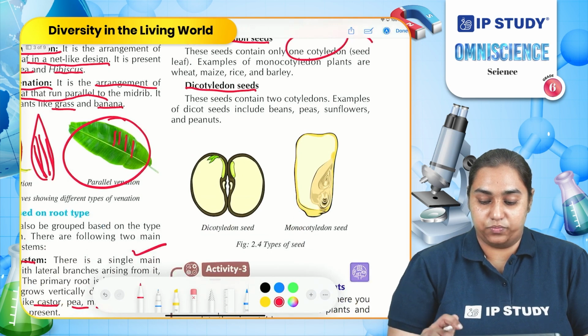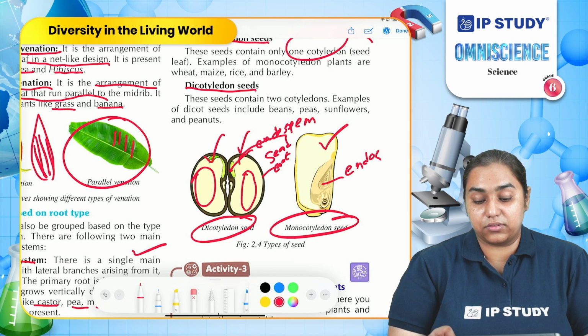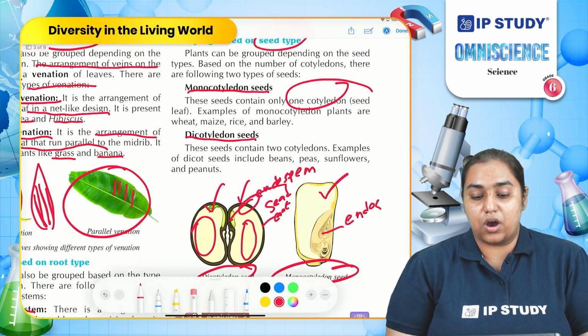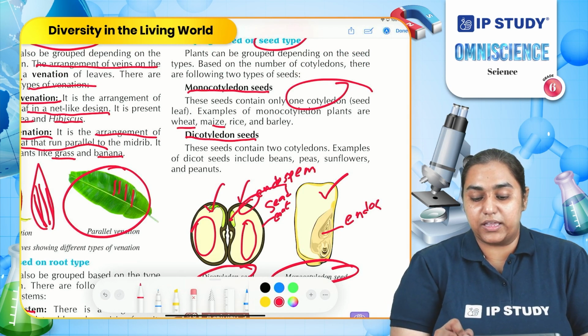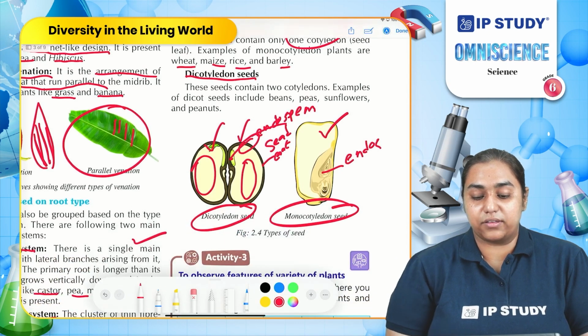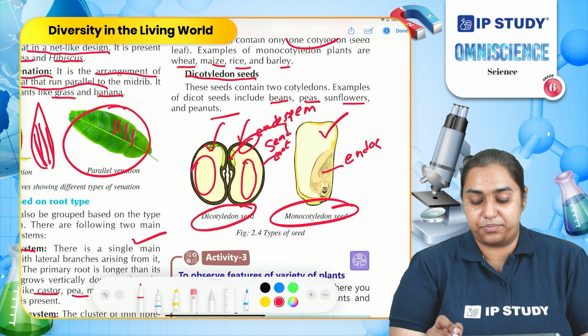Let me show you. This structure in the seed is known as cotyledon. Based on the number of cotyledons, the seeds can be grouped. Common examples of monocotyledonous seeds are wheat, maize, rice, barley. Common examples of dicotyledonous seeds are beans, peas, sunflowers, and peanuts.